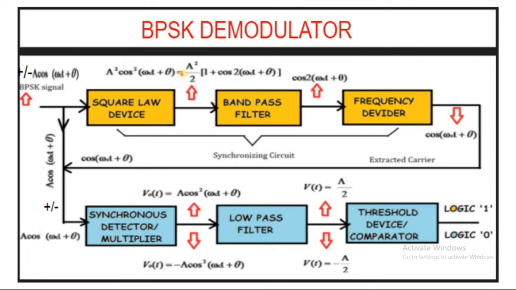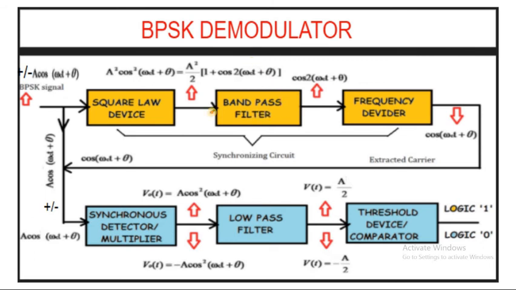That is equal to A square by 2 into 1 plus cos 2 omega c t plus theta. We know cos square theta equals 1 plus cos 2 theta by 2.